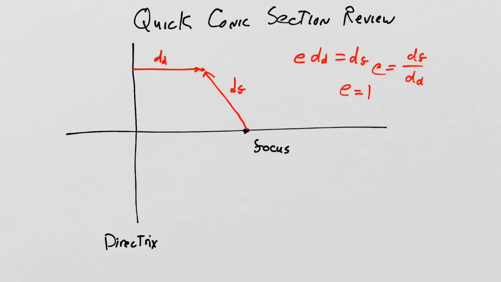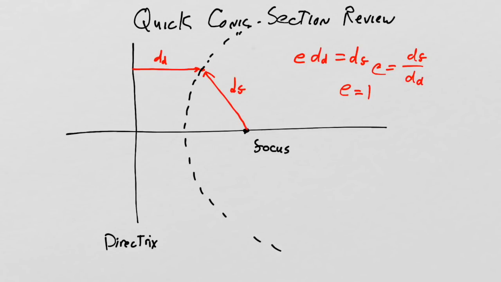So if we set the eccentricity equal to 1, we look for all the points where that's true, and we end up with a set of points that looks like a parabola. I'll just draw it approximately this way.